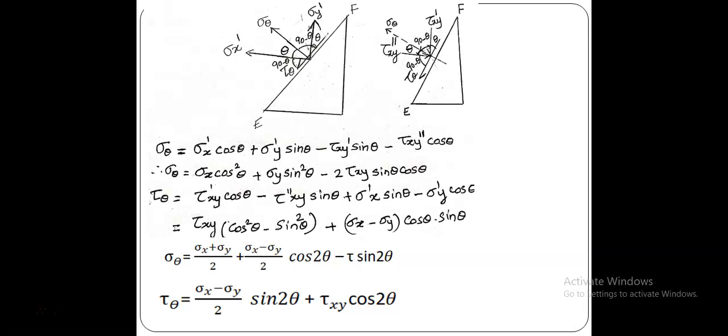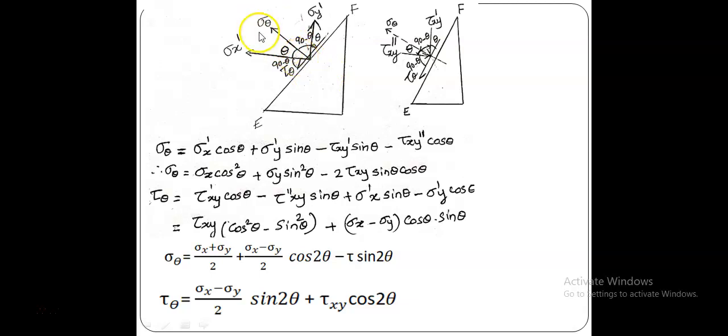You see that this is sigma x dash and this is sigma y dash. Our interest is to find sigma theta. Now we must know the angle between all these forces. We know that this sigma x dash is subtended at an angle theta with respect to sigma theta.